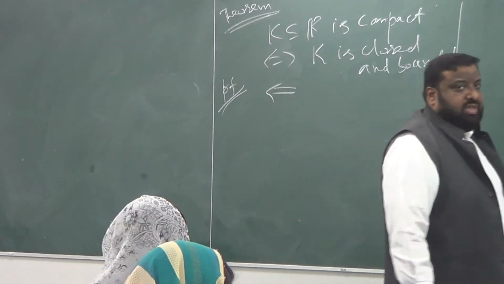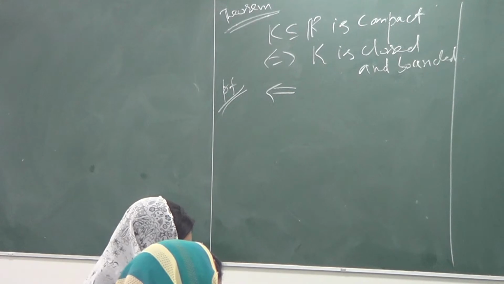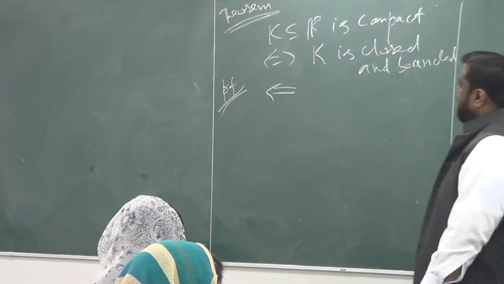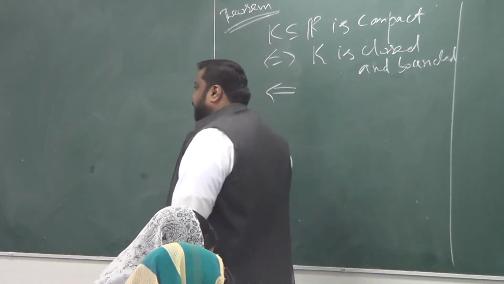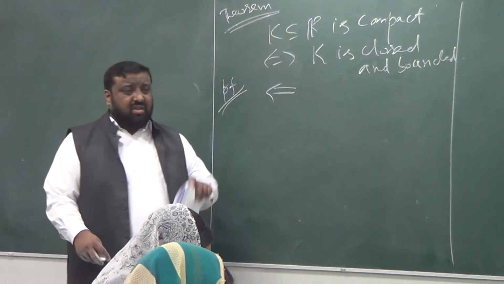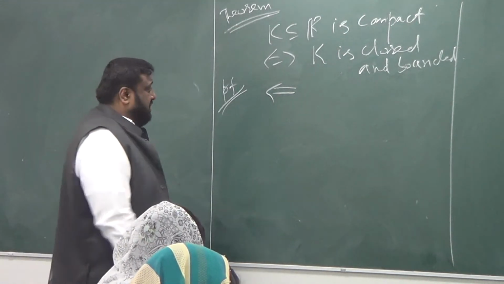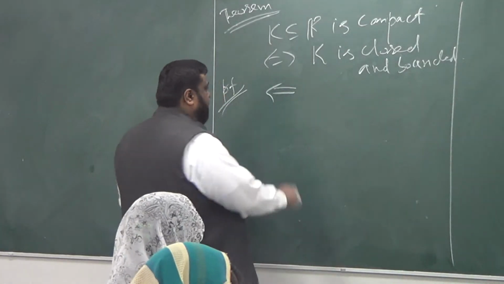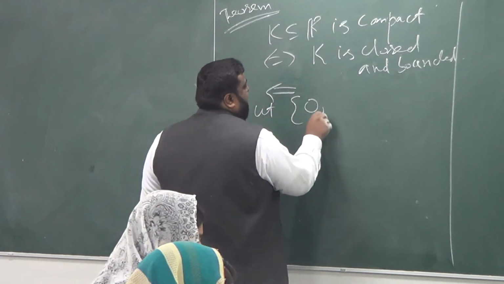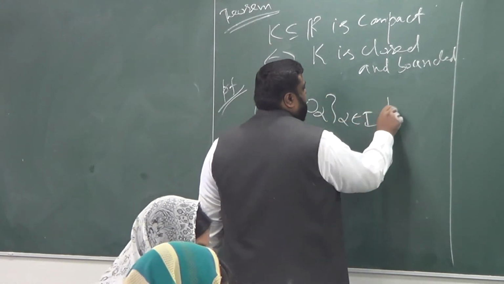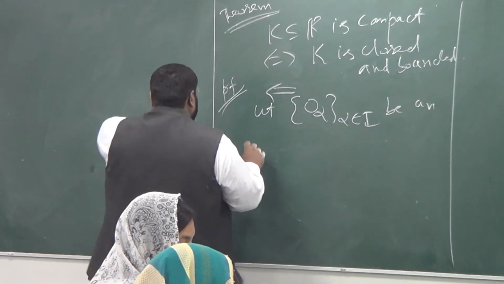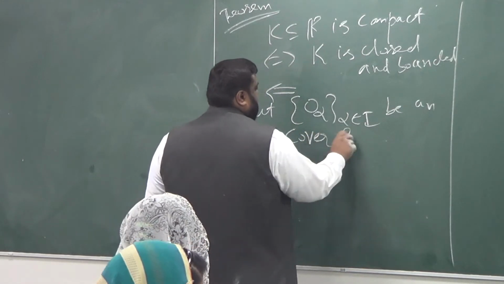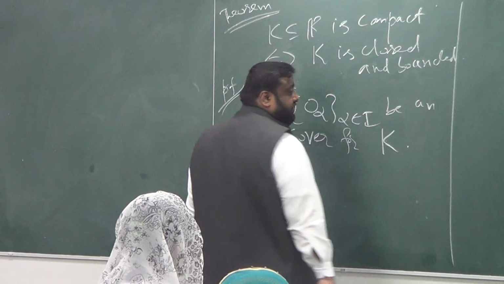In other words, assume that K is closed and bounded, and we want to show that K is compact. Okay. So how can I begin with the proof of compactness? How can I begin? So I need to take an open cover. Select O alpha such that alpha belongs to R, an open cover for K. Okay.